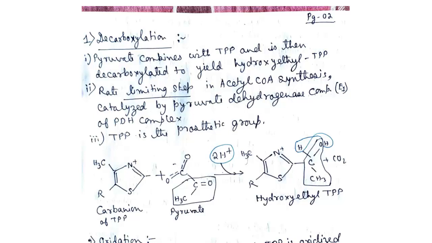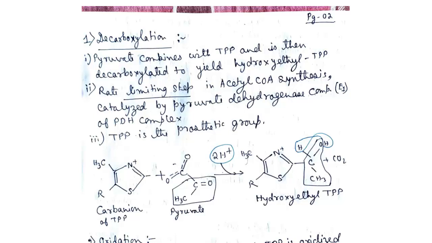First one is decarboxylation. Here pyruvate combines with thiamine pyrophosphate and it is then decarboxylated to form hydroxyethyl thiamine pyrophosphate. It is the rate limiting step of this enzyme reaction.